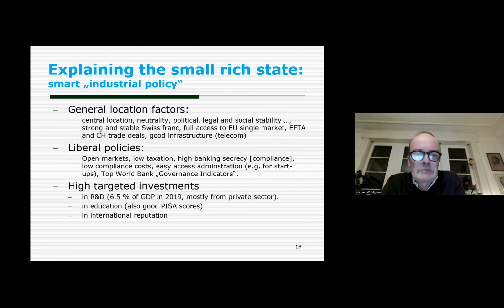There are also some pretty good, usual things like general factors for the location of business. Liechtenstein has a central location, it's neutral. The political, legal, and social stability is something that many investors here cherish. It has a strong and stable currency. It has full access to the European single market.